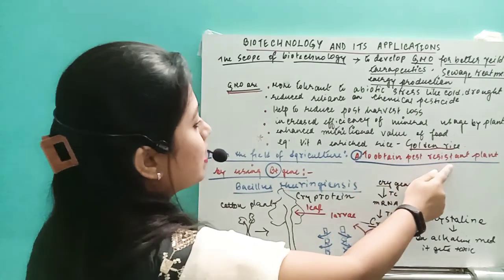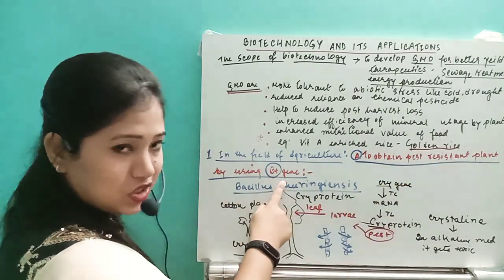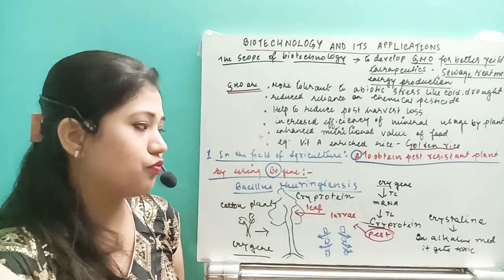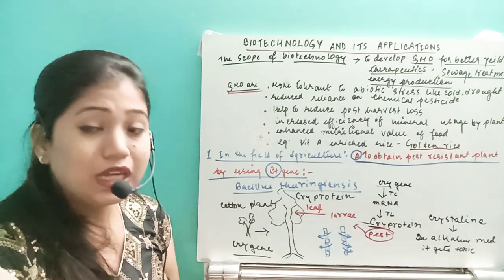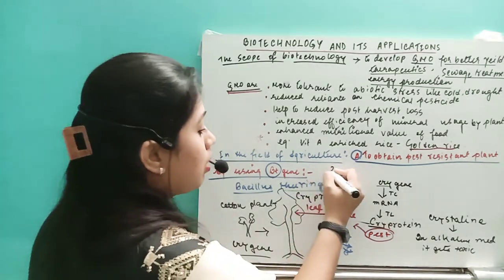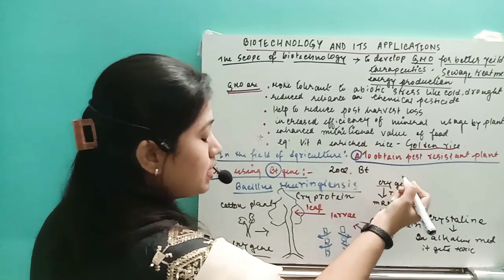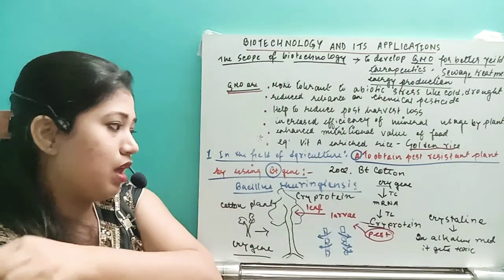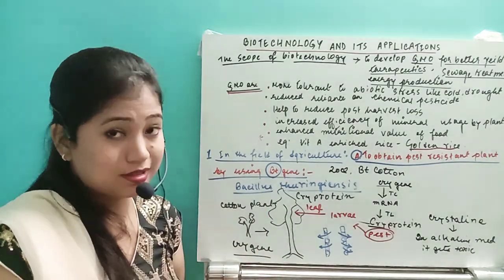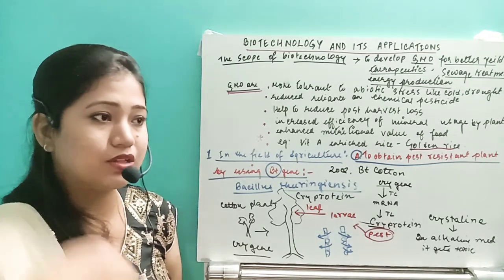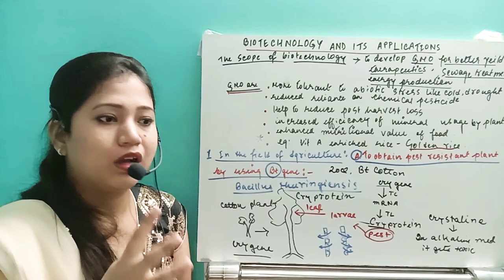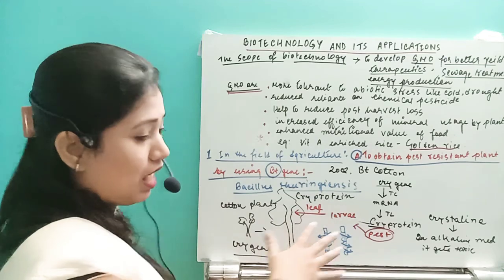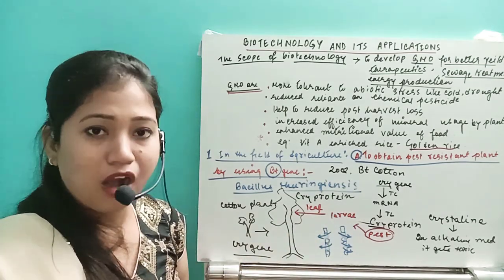To obtain a pest resistant plant by using the BT gene, we are able to get pest resistant plants. So various types of pest resistant plants were there. In India in 2002, for the first time BT cotton was introduced by scientists in India, and after that it was about to be introduced into the brinjal, but later on lots of controversies came that it can harm not only those larvae pests, but it can harm the human body also.